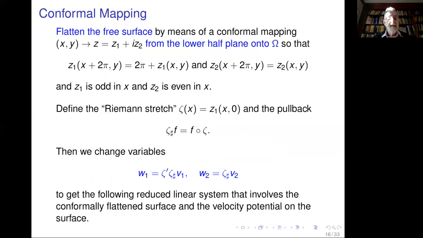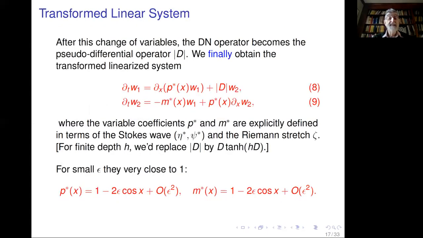I use a conformal map to do that, and I'm not going to go through the details of this. We use a conformal map, and then it takes this form. I do a change of variables, so instead of those V1, V2, it's now W1, W2. And now it takes this form.